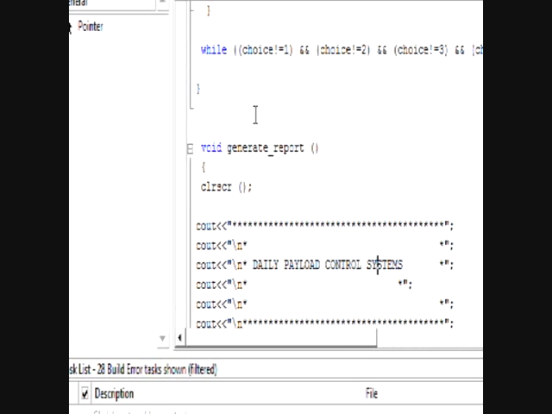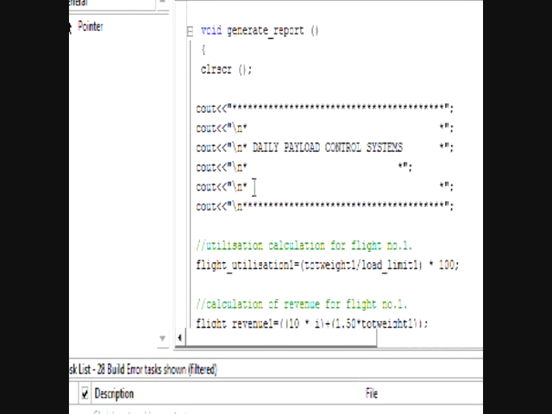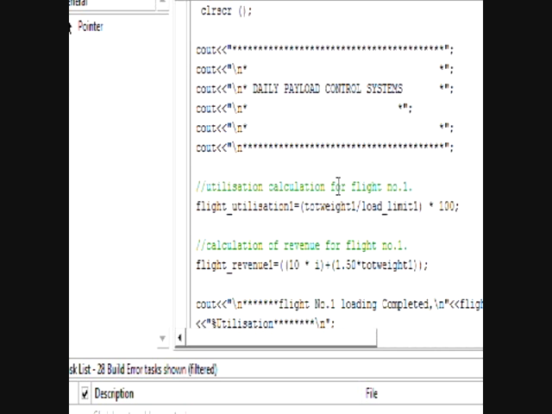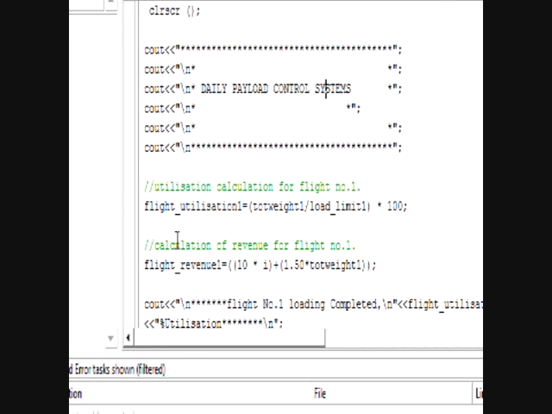So at the generate reports function, we will calculate the utilization for flight number 1.